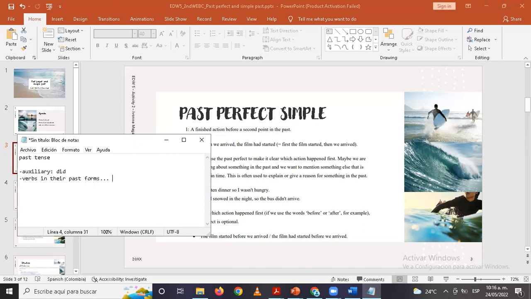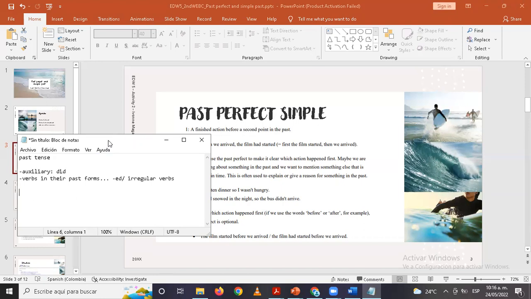So we have regular and irregular. Regular with the D, remember? And irregular are irregular, so you have a full list of irregular verbs. You can find in your dictionaries, printed dictionaries, online, you can download irregular verbs.